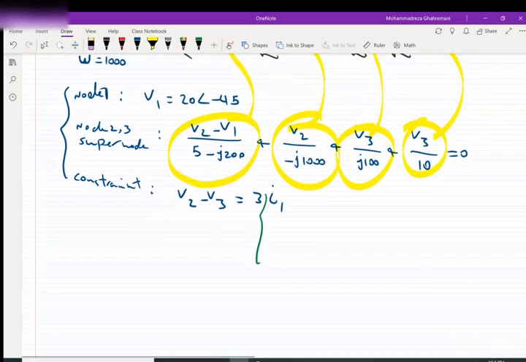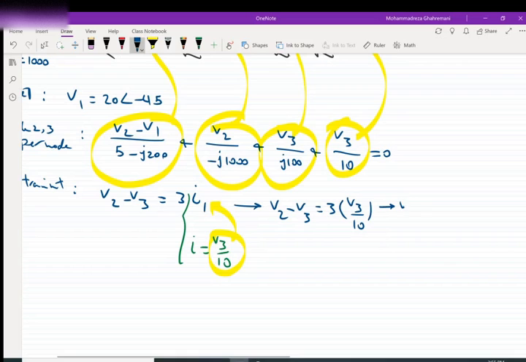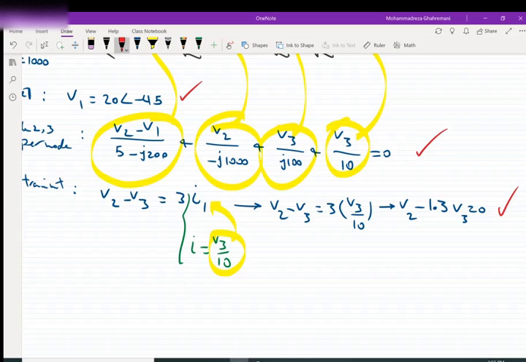So we replace I1 with V3 over 10, and we have V2 minus V3 equals 3V3 over 10, and as a result V2 minus 1.3V3 is equal to 0. So first equation, second equation, third equation.